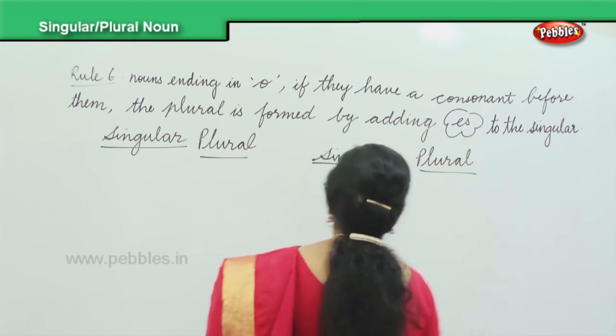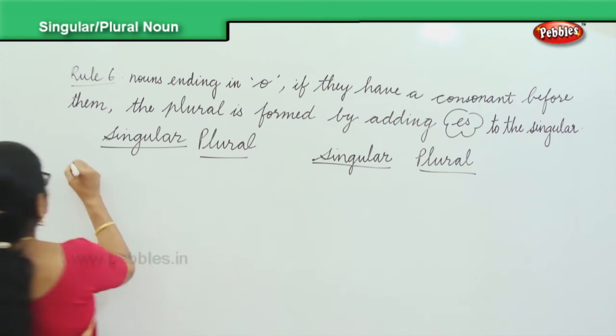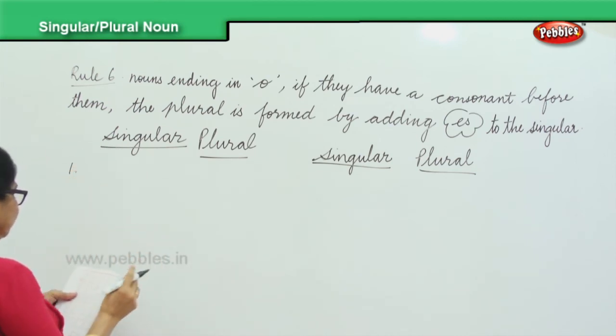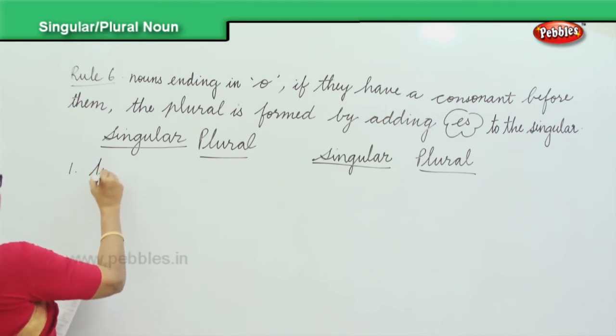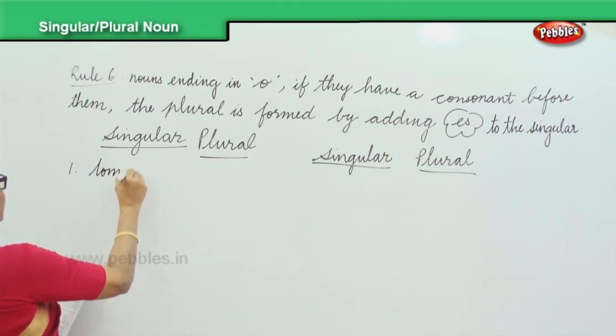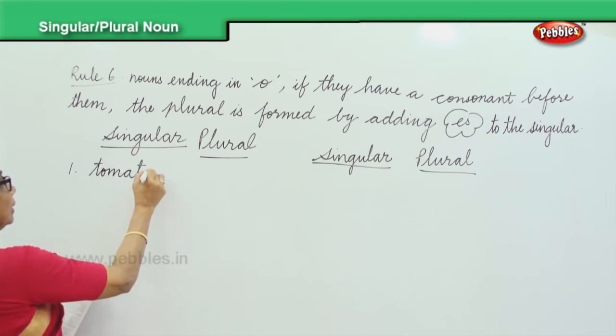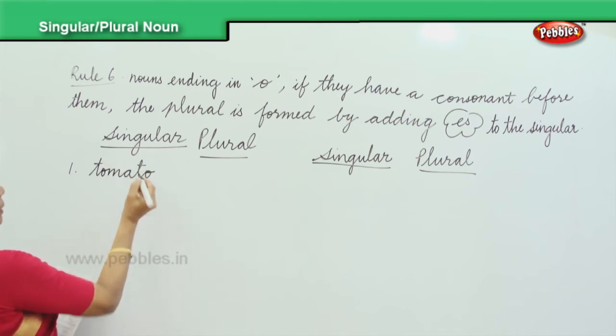Here you have tomato. It's ending in O. There is a consonant before it.